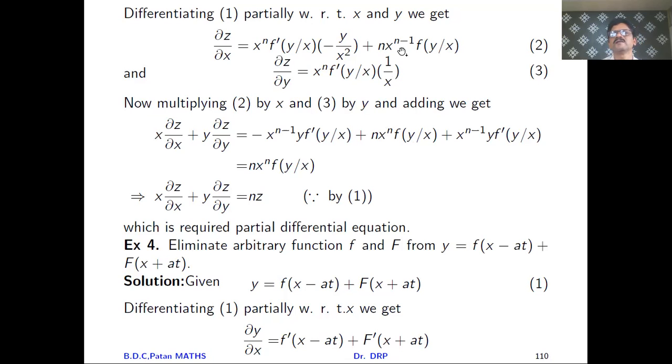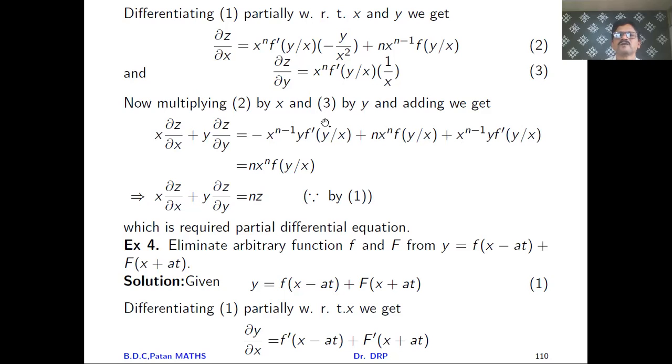And if you multiply this by x, again by using laws of indices, it gives x to the n minus 1 into x, means x to the n minus 1 plus 1, means there you will get x to the n. And if you multiply this by y, there you will get y f dash of y upon x as it is, and here x to the n upon x, there you will get x to the power n minus 1.